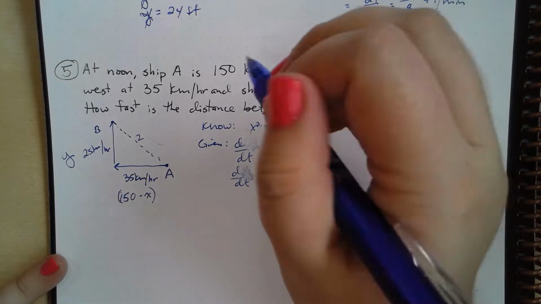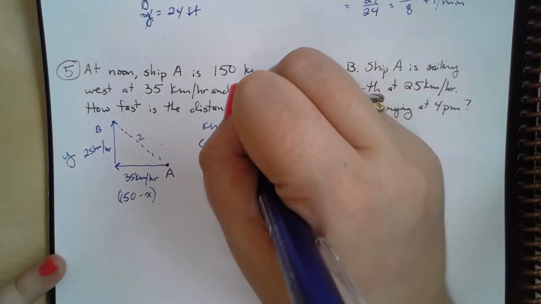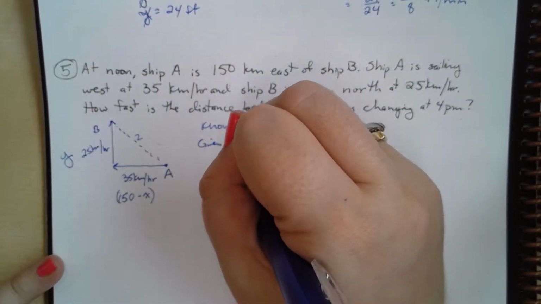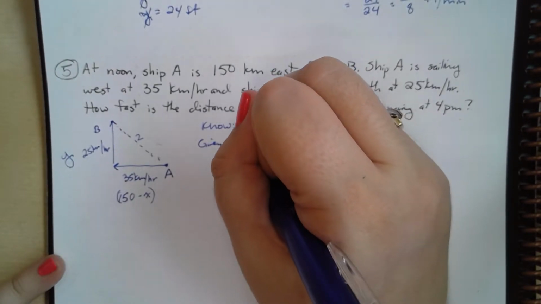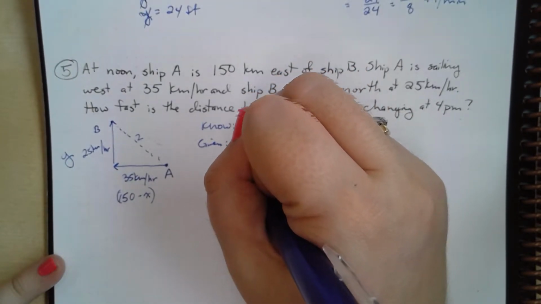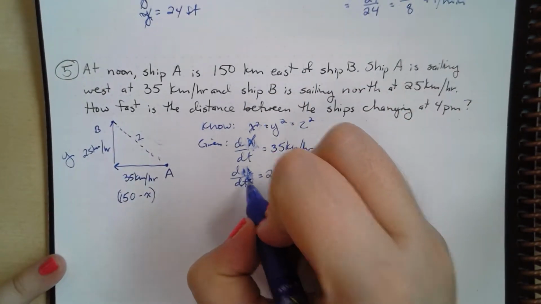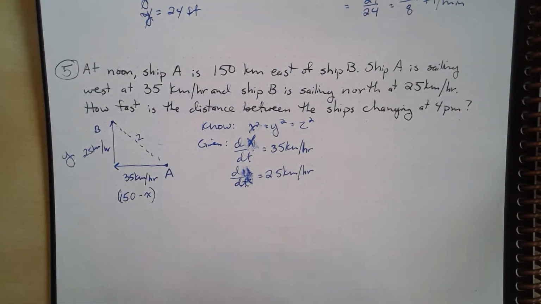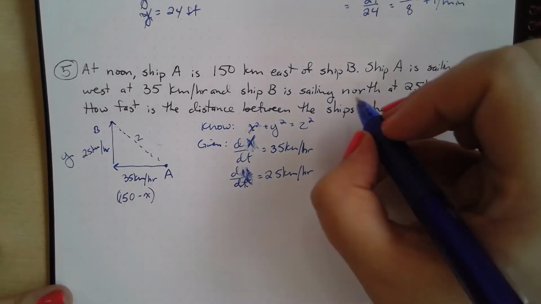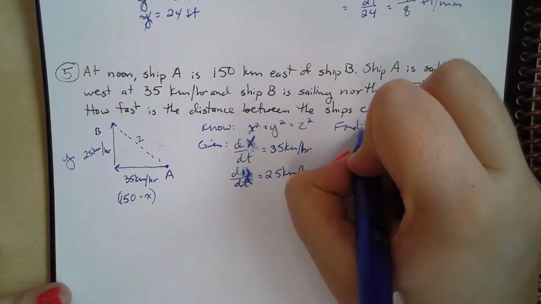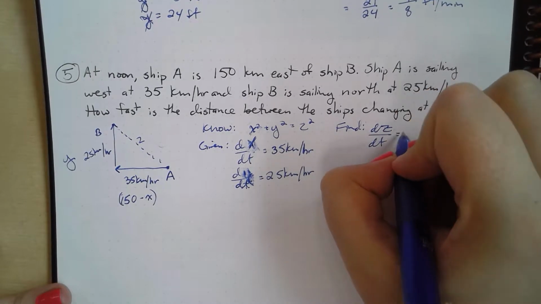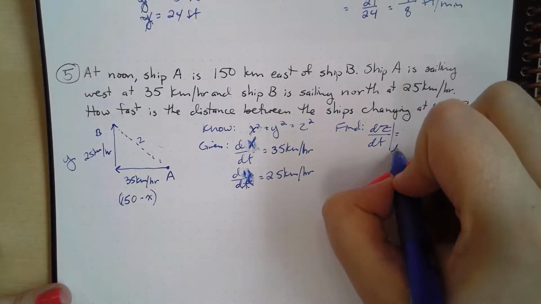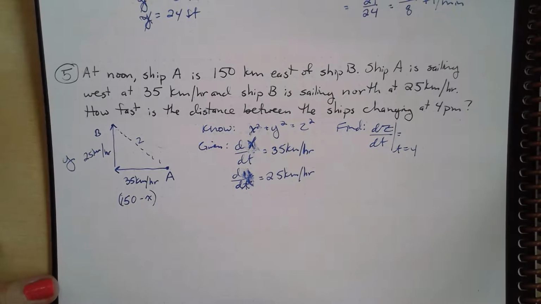This is our x, dx, and dy. It's really messy looking, but hopefully you can see it. So we want to find dz over dt when t is equal to 4. That's what we're trying to find here.